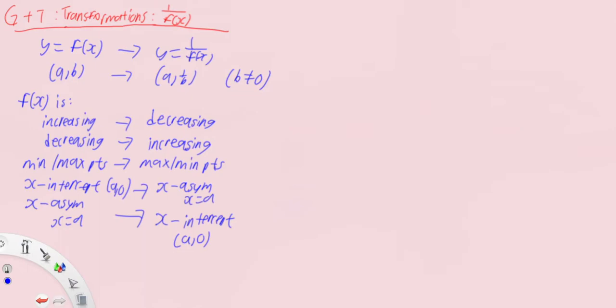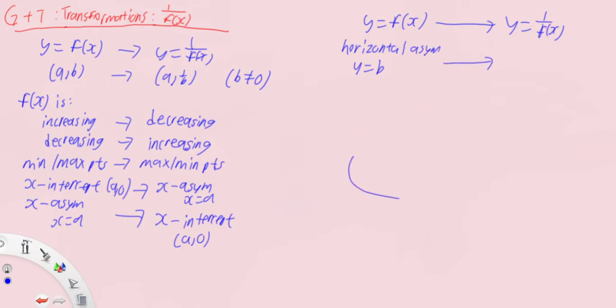Now, again, we look at y equals f(x) to y equals 1 over f(x), but now we're looking at the horizontal asymptotes. First up, we have our horizontal asymptote at, let's say, y equals b. What happens? Your graph is approaching a certain value y equals b, either from on top or from below.